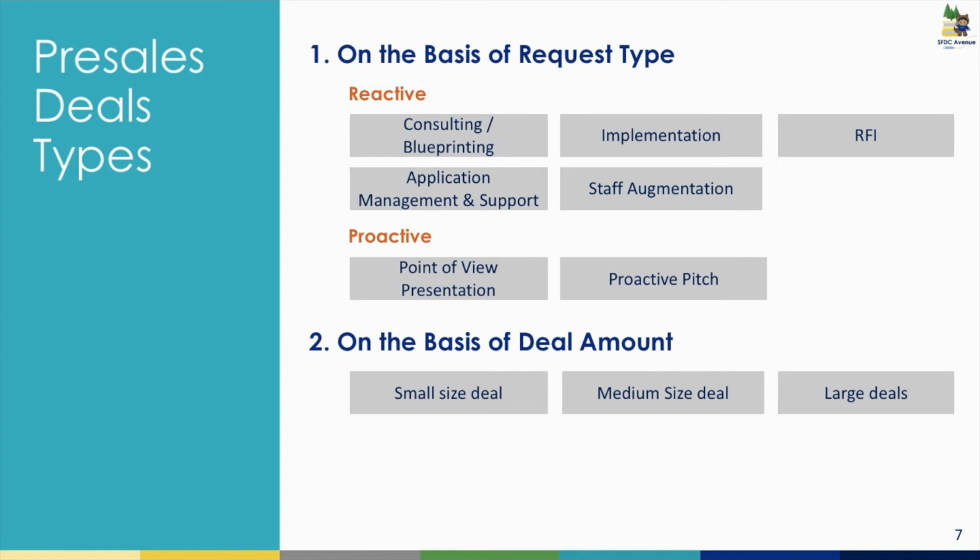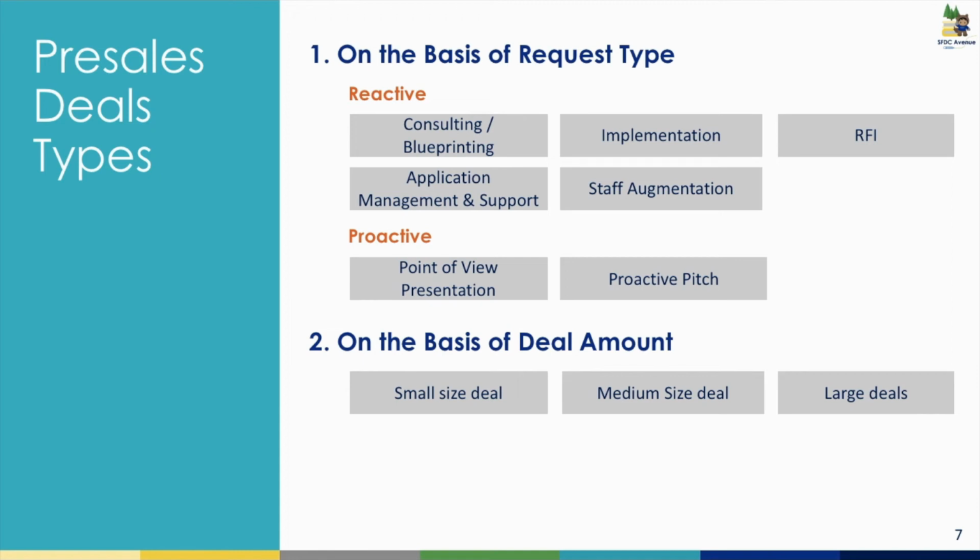The key difference between these deals is the content of the proposal and how it is run. For small deals, we typically create concise content and probably we interact with limited stakeholders while responding to those deals. For medium deals, we might have multiple stakeholders, so stakeholder collaboration becomes key here.